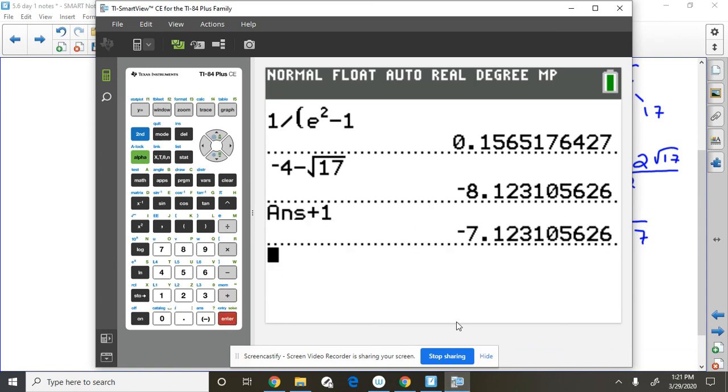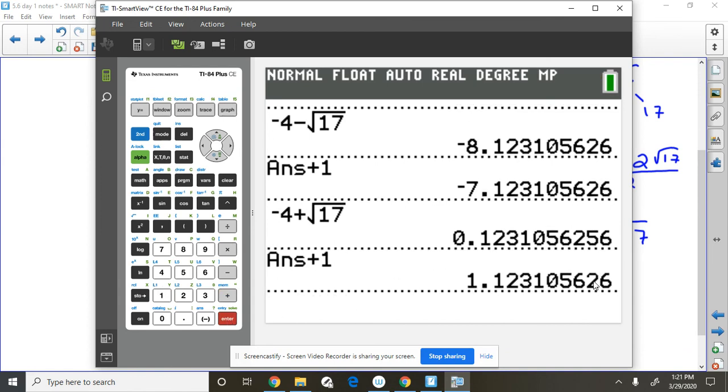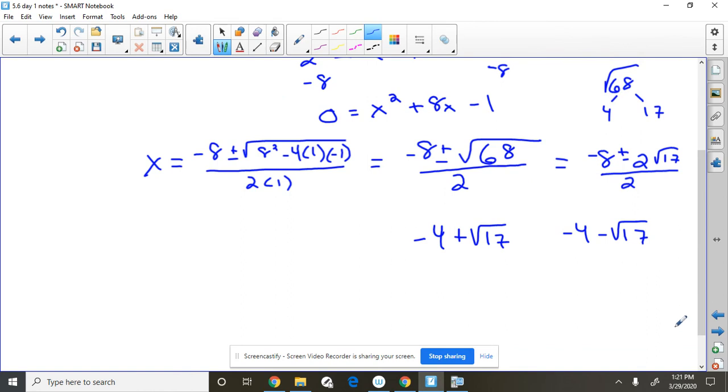I cannot have a negative number inside the logarithm. If I take negative 4 plus the square root of 17, and then add the 1 to it, that's positive, so that answer is acceptable. So I'm going to go back here. The negative 4 minus square root of 17 does not work, so we're going to eliminate that answer. And my only solution is negative 4 plus the square root of 17.